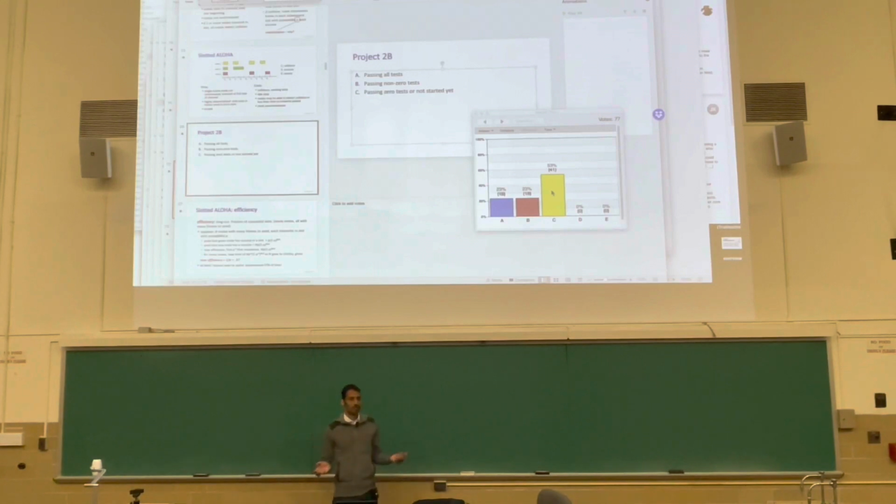On Piazza, I posted a mathematical analysis note. I strongly encourage you to carefully read it. It's useful for your conceptual understanding of reliable transport protocols, pipelining, and so on, independent of the project.